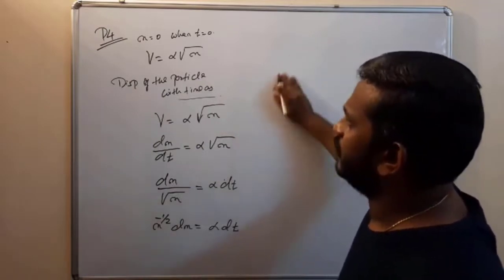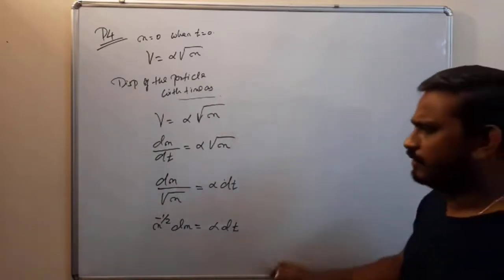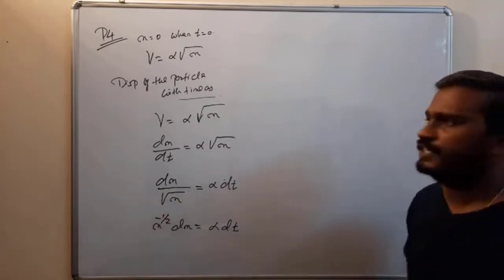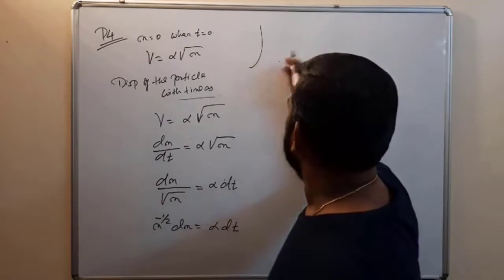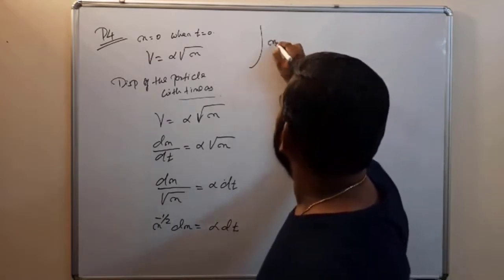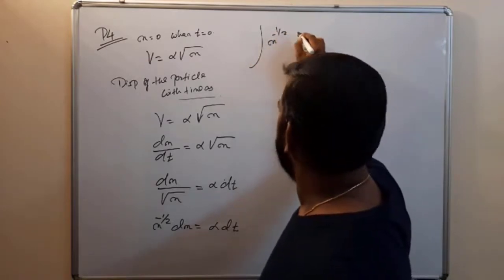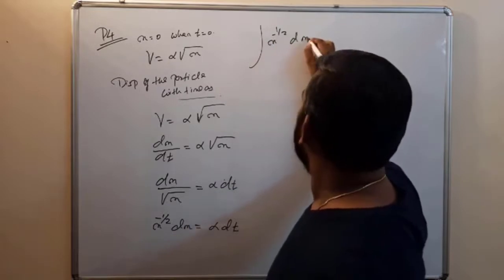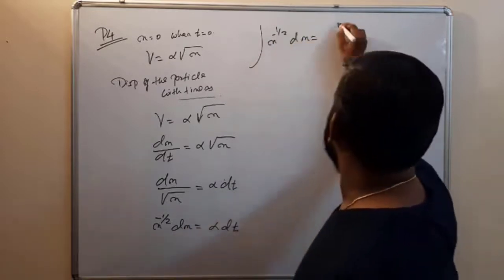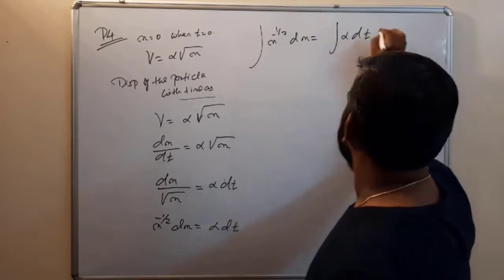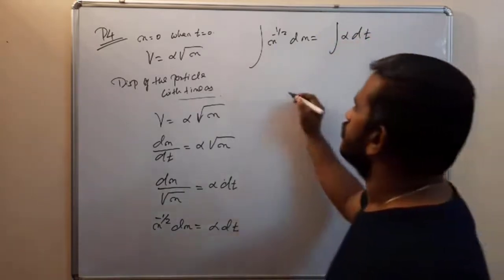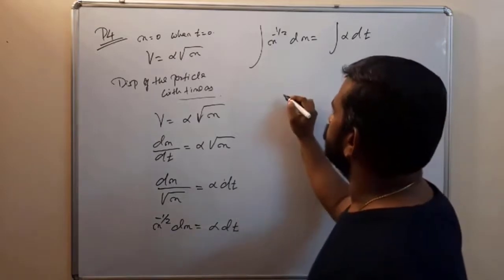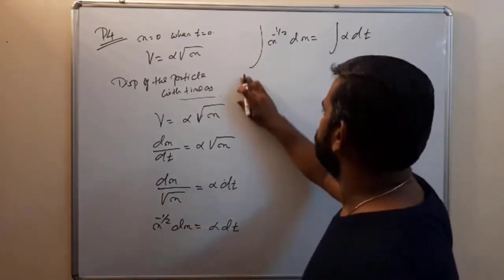We are integrating without limit, that is indefinite integration. So the integral of x power minus 1 by 2 dx equal to the integral of alpha dt.